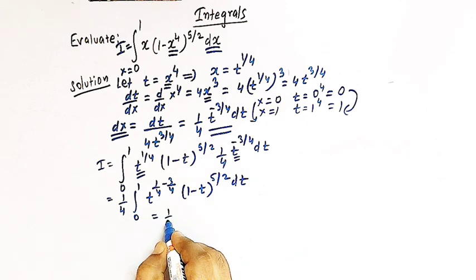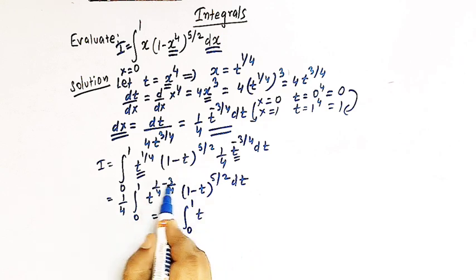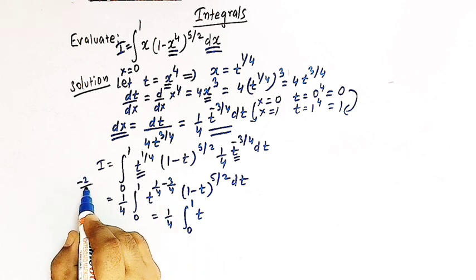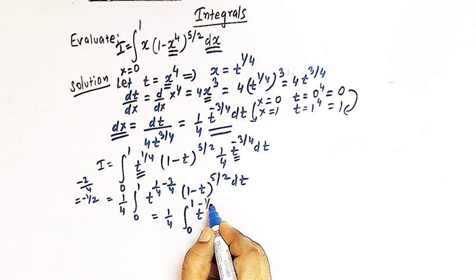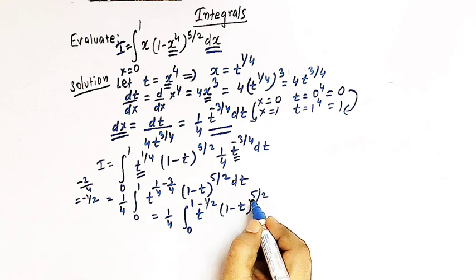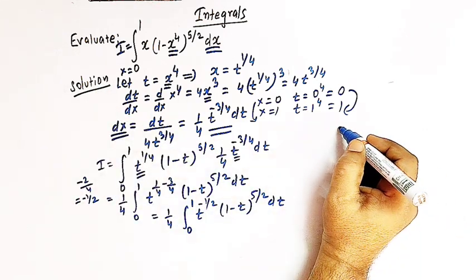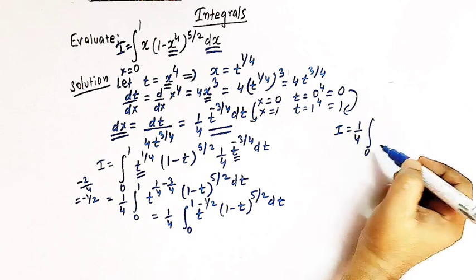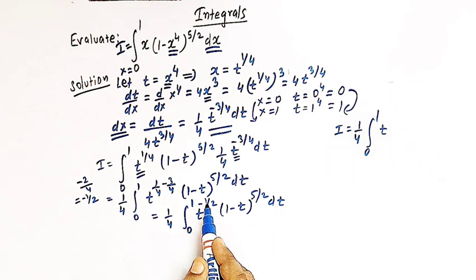So now we can write 1 by 4, integral 0 to 1, and here 1 minus 3 is minus 2, divided by 4, so this is minus half. So we have t raised to minus half times (1 minus t) raised to 5 by 2 dt. Our integral I is now 1 over 4 integral from 0 to 1 of t raised to minus half.